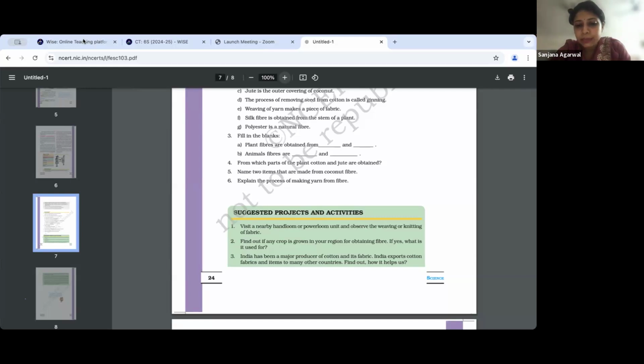Full stop. This brings the fiber together to form a yarn. Yeah, that's it.